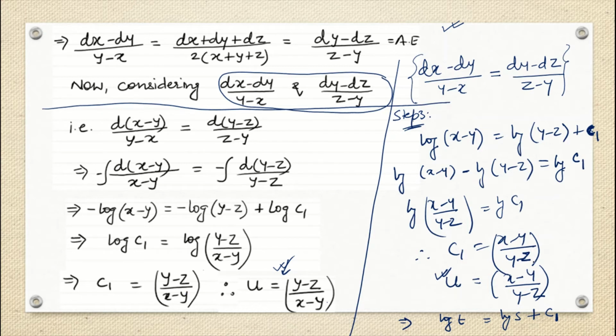Here also I am going to get some other arbitrary constant, but they are actually arbitrary constants only. So this answer is also okay and this answer is also okay. The reason for having different answers is this minus sign. Here I had cancelled it out and here we have not cancelled it out. Because of this, it will go to the left hand side and become positive, so y minus z by x minus y. But both are okay. Fine.